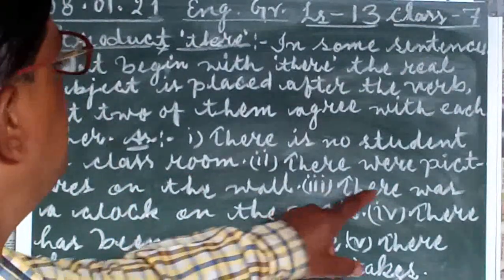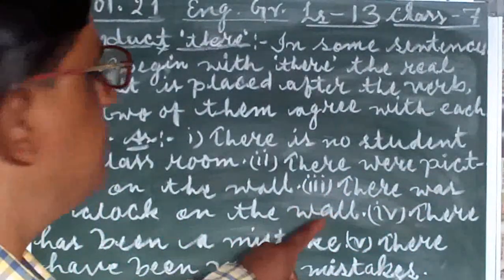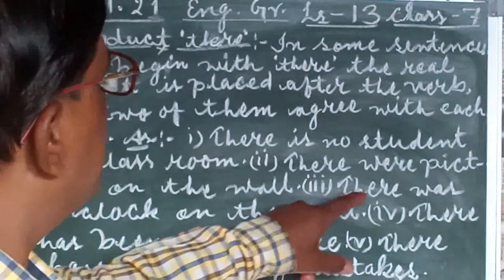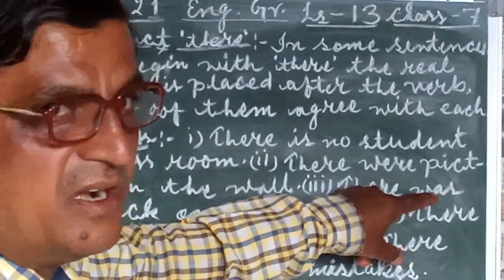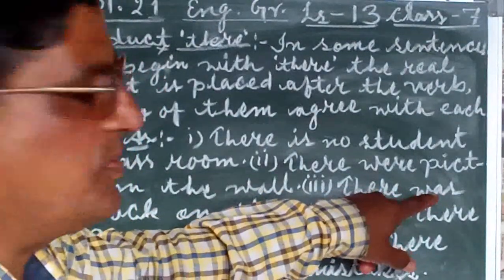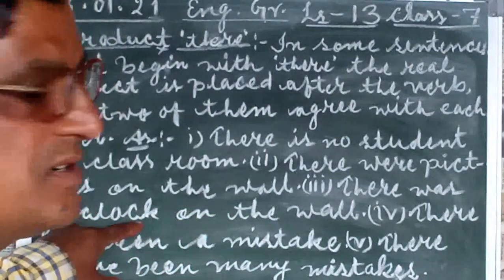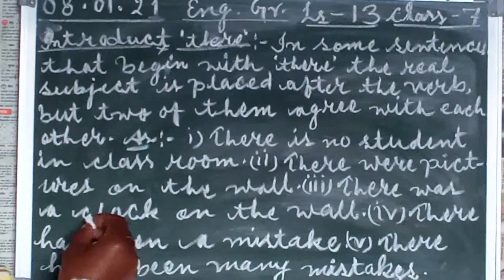Third: "There was a clock on the wall." Here also the introductory "there" is used. The verb is "was", a singular verb, and "clock" is the subject.